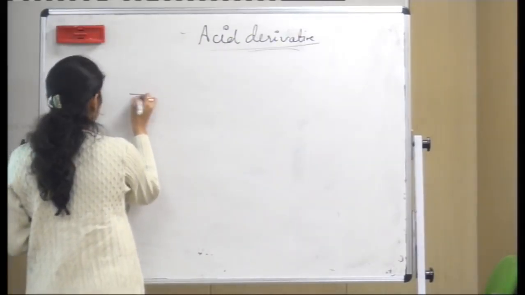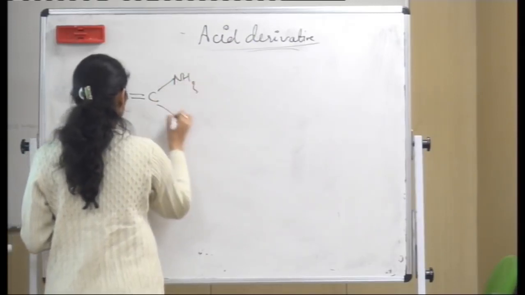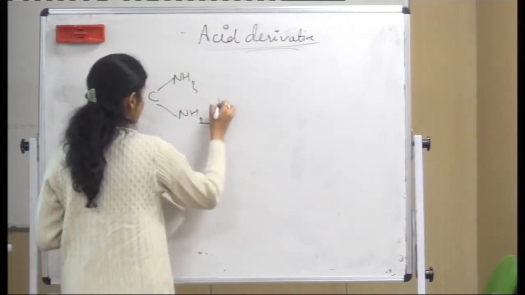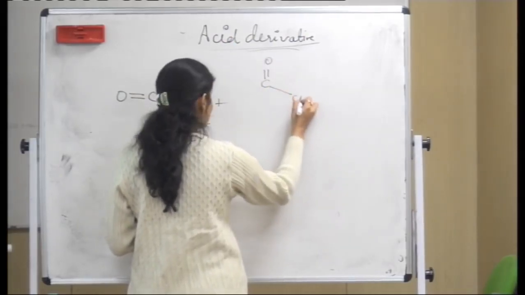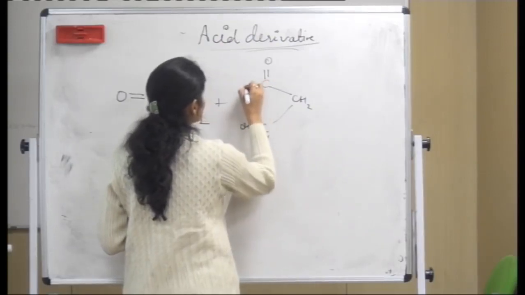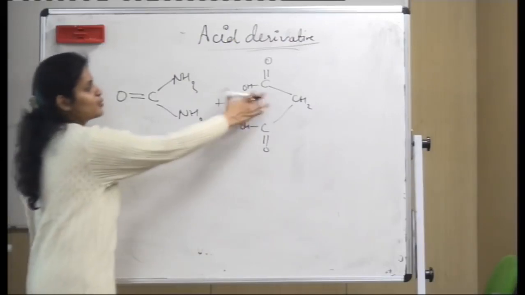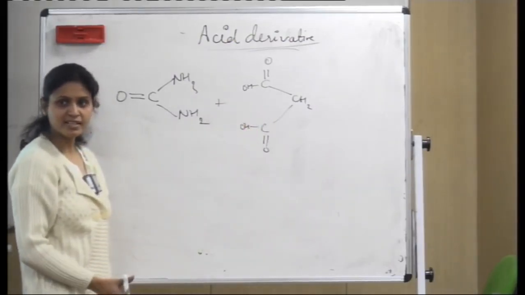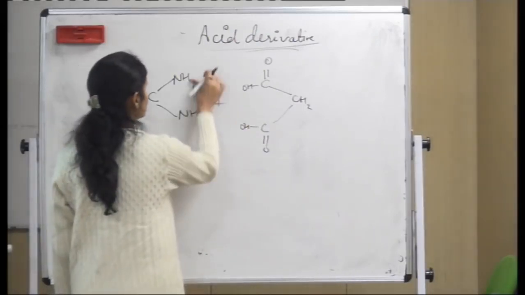Okay, one more reaction with malonic acid. What is malonic acid? Okay, you don't know. CH2, COOH and COOH, having 3 carbons, but it is a dicarboxylic acid. Okay, what will happen?